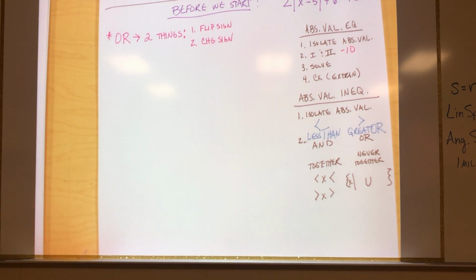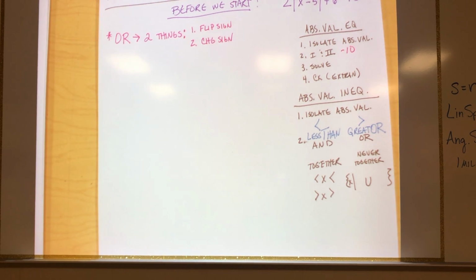Flip the sign and change the sign. How many things are you going to do? Two. What are they? Flip the sign, change the sign. Okay, so why do you think I'm making such a big deal out of it? Y'all listen, more kids mess up on this, and it's really easy, okay? It's not hard, so I want to make sure it's just kind of imprinted on your brain.